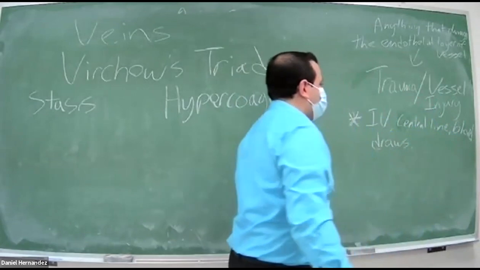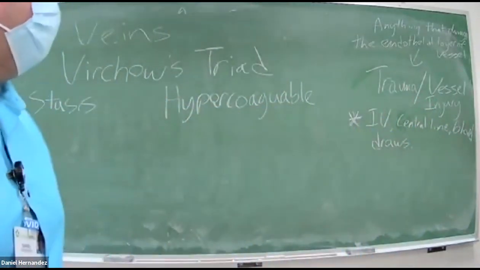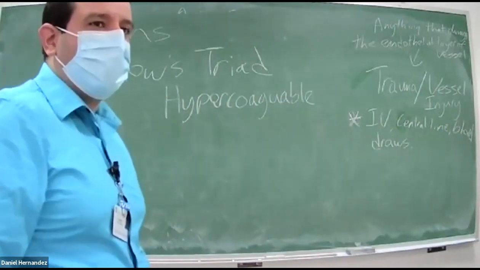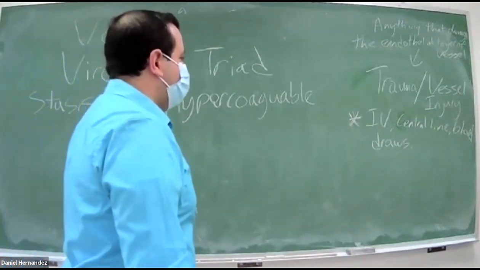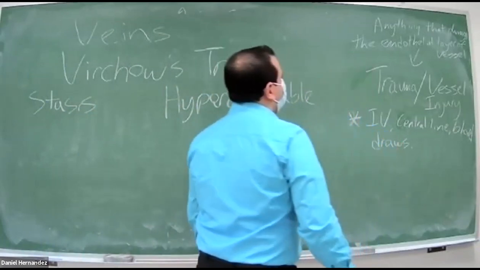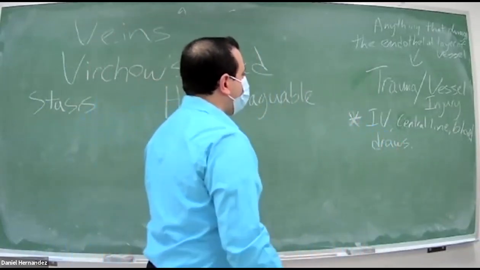The patients in the hospital are getting labs done every hour or so, and nurses usually keep going for that same vein because it's an easy one. They may be a hard stick. That constant repeated puncture of that vessel is going to wind up in trauma and damage to that endothelial layer.